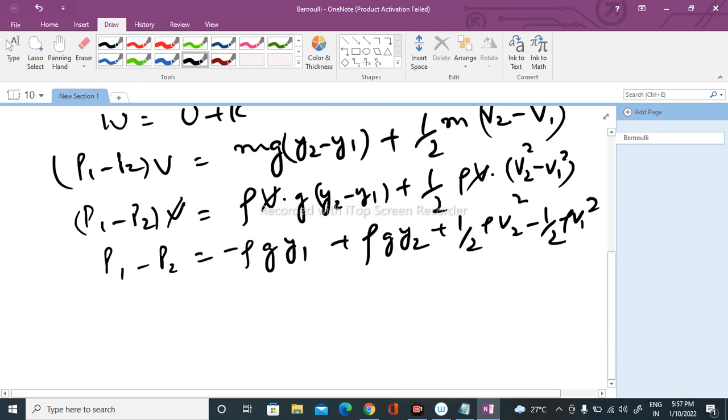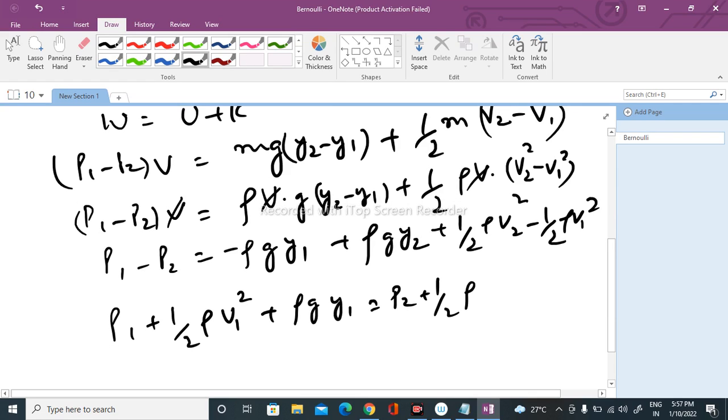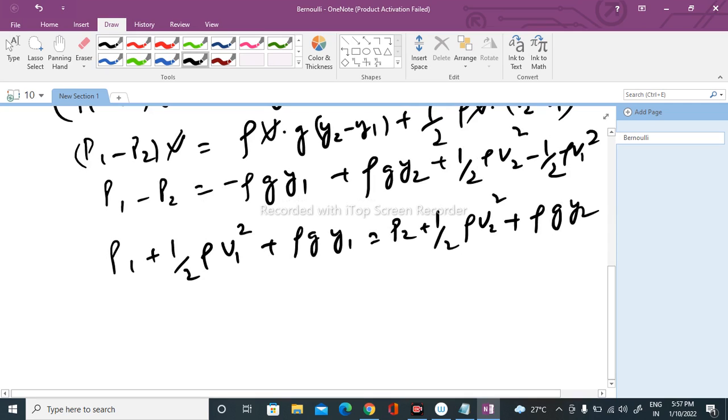So arranging the terms, we get P1 plus half rho v1 square plus rho g y1 is equal to P2 plus half rho v2 square plus rho g y2. In short, it is P plus half rho v square plus rho g y is equal to constant.